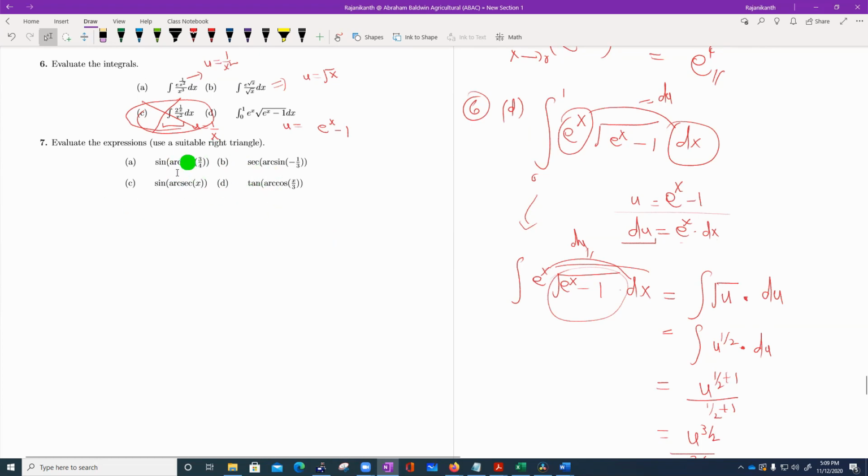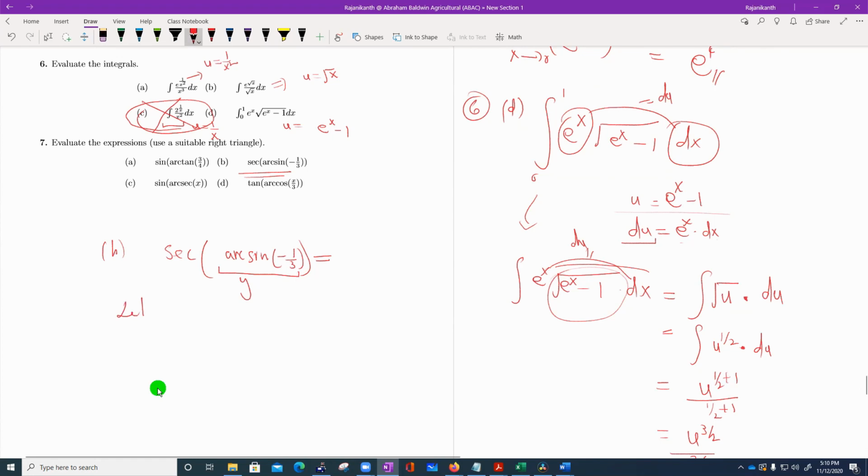I explained already, guys, how to find these angles. So I'm discussing this one, B. The question is finding the secant value of arc sine of negative 1/3. I don't know the answer of this directly, but this is the way: I keep the inside function with the arc as my y.